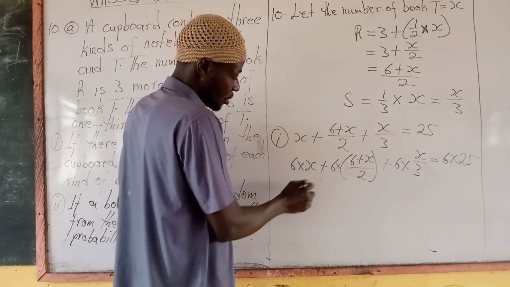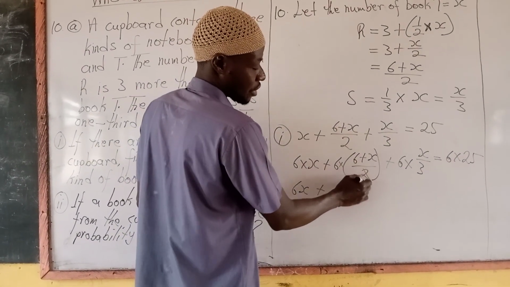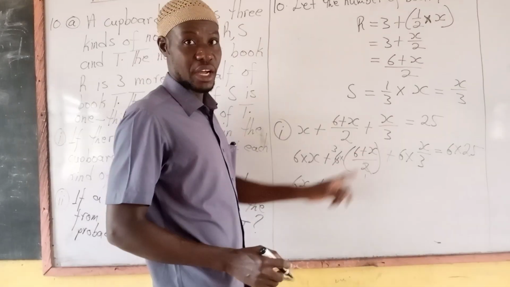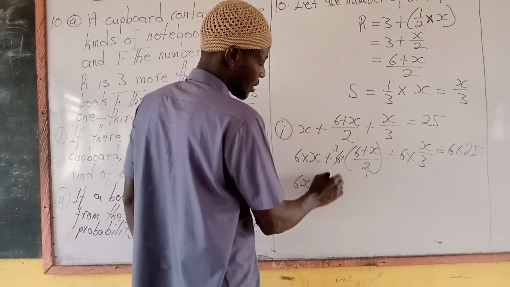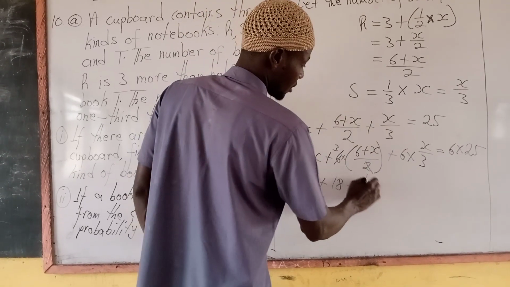6 times x will give us 6x. Then 2 into itself is 1, 2 into 6 is 3, so we pick the 3 and multiply by what is left in the bracket. So 3 times 6 will give us 18, plus 3 times x will give us 3x.